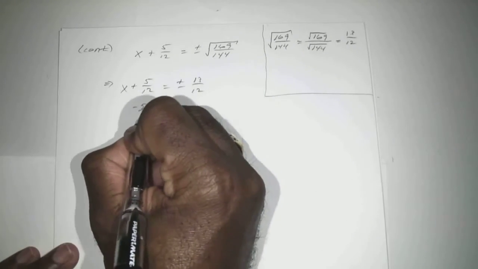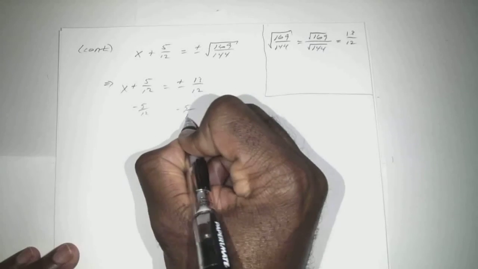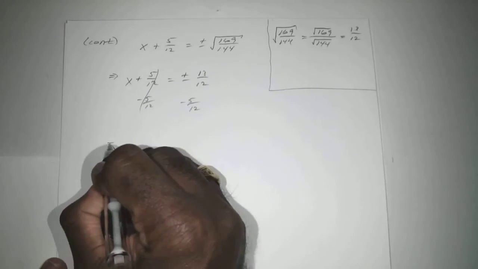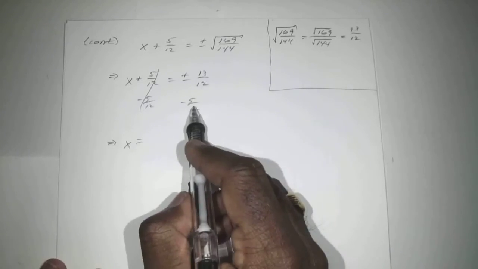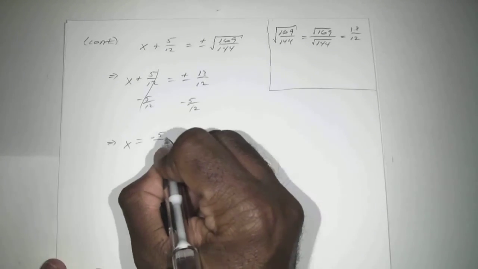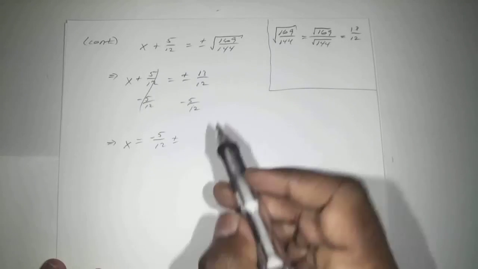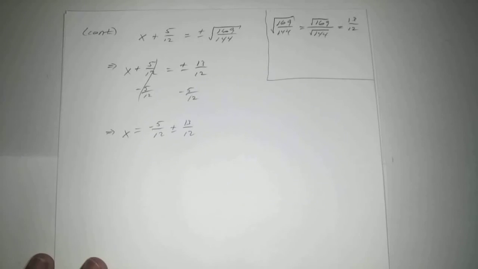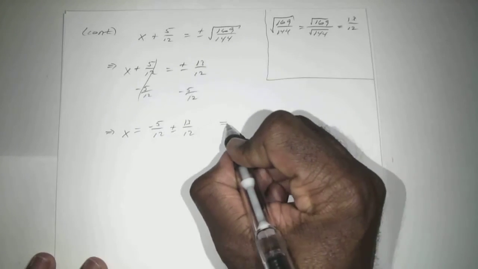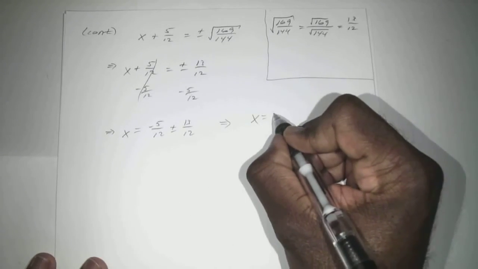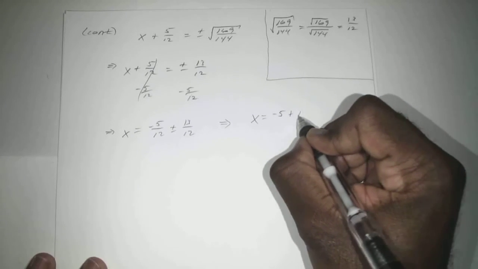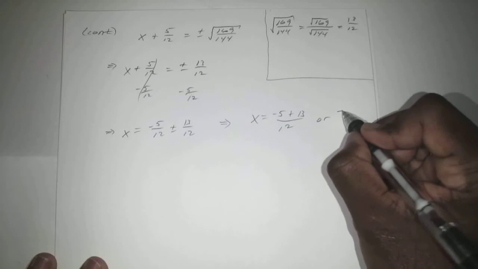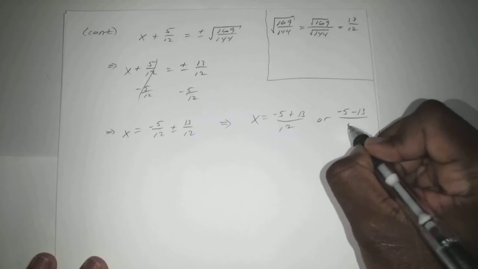If we subtract our 5 over 12 from both sides, these two cancel out. You have x equals negative 5 over 12 plus or minus 13 over 12, which means you have two answers: x equals negative 5 plus 13 over 12, or negative 5 minus 13 over 12.